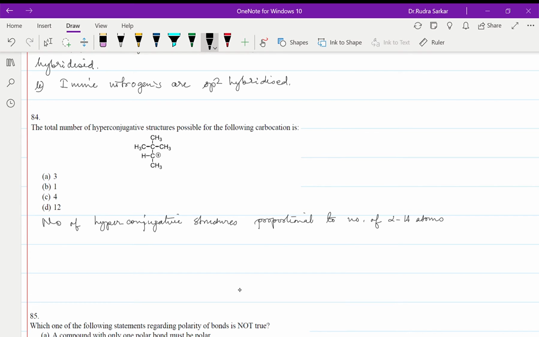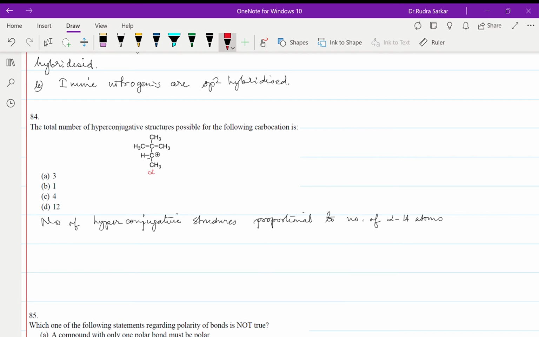As we can see over here, with respect to this particular carbon, we have this alpha carbon and it is having 3 such hydrogen atoms. So obviously this particular compound is going to have three hyperconjugative structures.